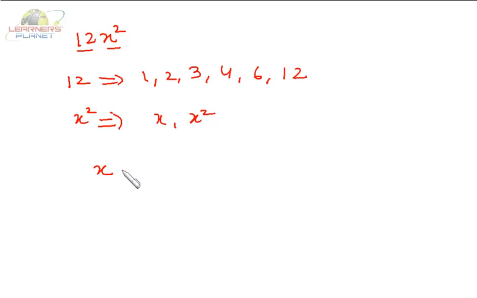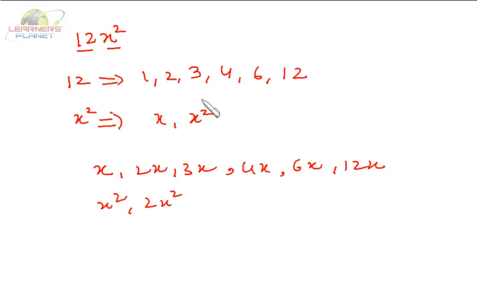So x is a factor, 2x is a factor, 3x is a factor, 4x is a factor, 6x is a factor, 12x is a factor. Similarly, x square is a factor, 2x square is a factor, 3x square is a factor, 4x square is a factor, 6x square is a factor, and 12x square is a factor.